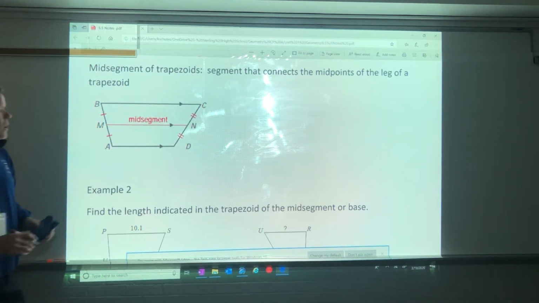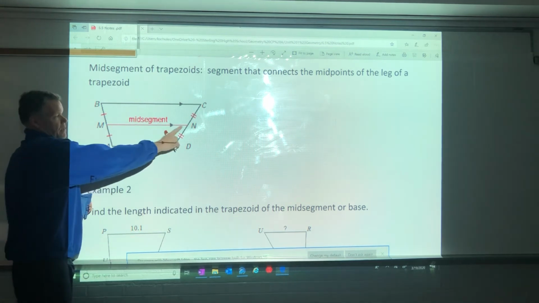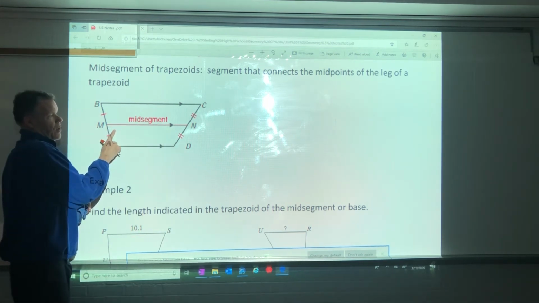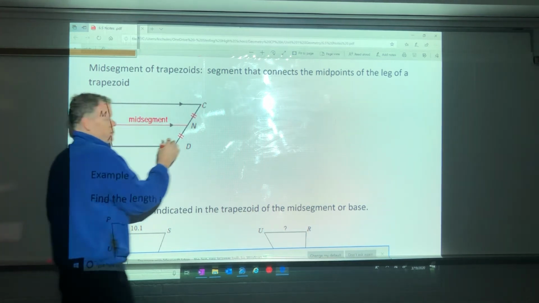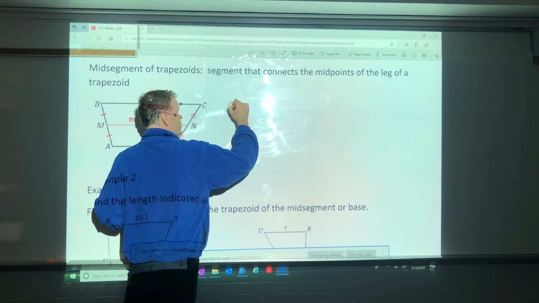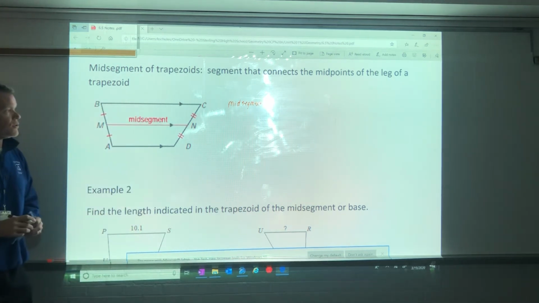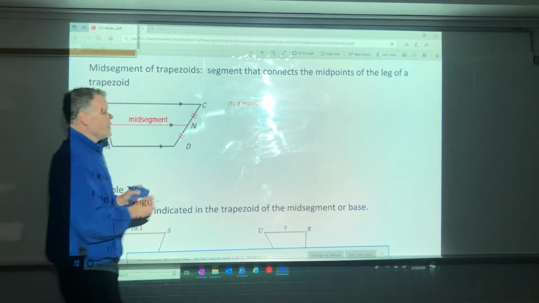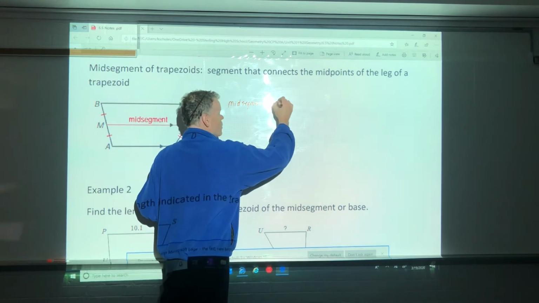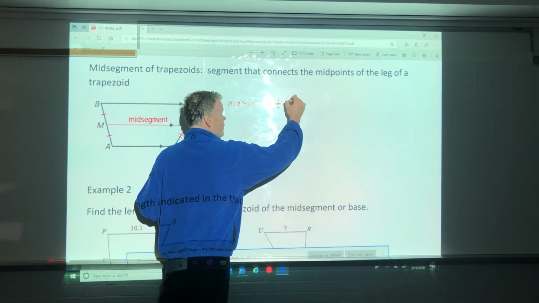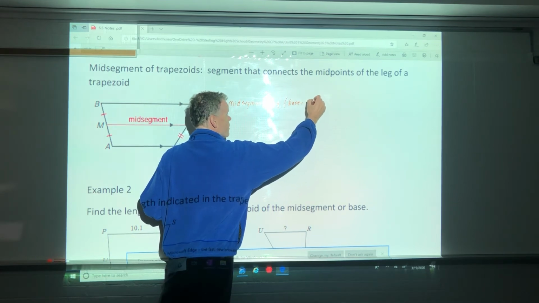Okay, with this mid-segment here, you're going to try and find a value, you're going to kind of use this formula. Okay, mid-segment is going to equal 1/2 of base 1 plus base 2.